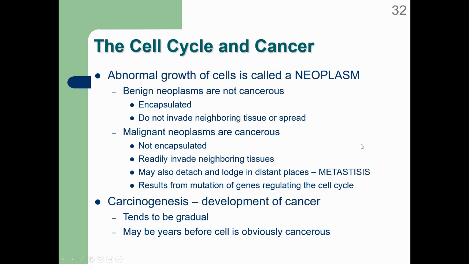And the outer cells easily break off or detach from this mass and can move to distant places, settle, and start undergoing uncontrolled cell replication. That's metastasis. When a cancer cell metastasizes, it has moved elsewhere in the body and begun undergoing unregulated cell division. This can result from a mutation in the genes that regulate the cell cycle.